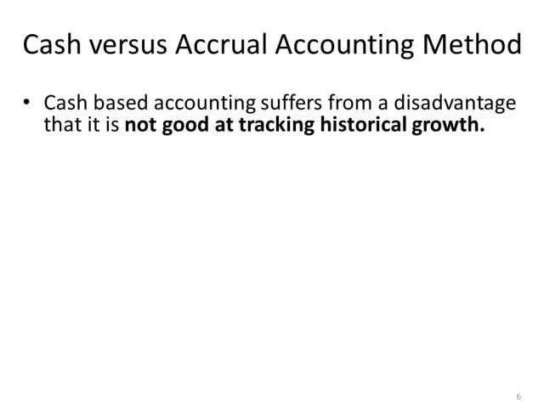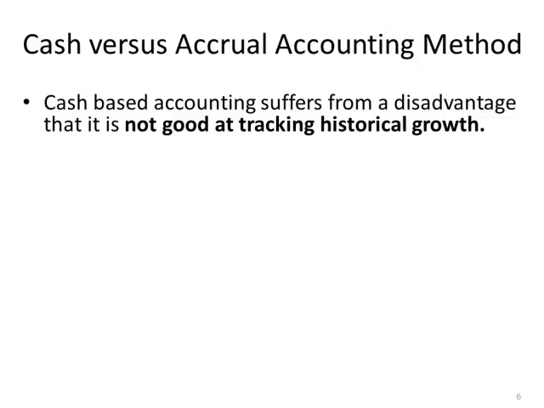So if a firm is growing over time, if I were to look at its profits over time versus its cash flows over time, the profits and losses, which are based on accrual accounting, do a much better job of tracking the firm's historical growth. Cash flows tend to be much more volatile because the timings of expenses and revenues are not matched together.